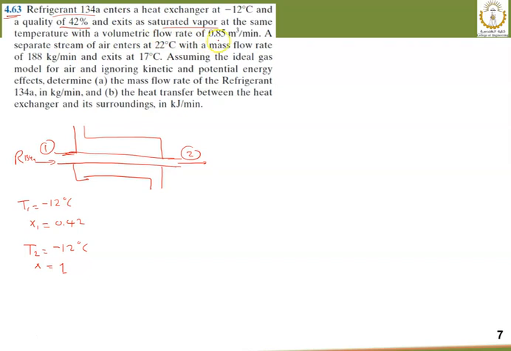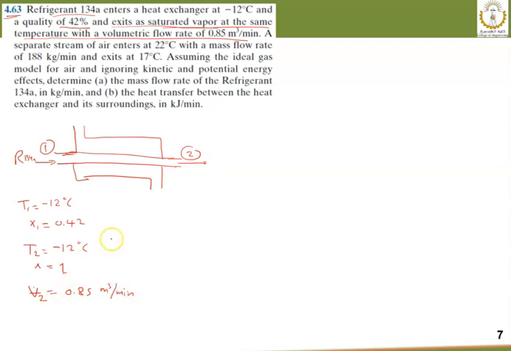with the volumetric flow rate of 0.85. So this is V dot 2 equals 0.85 cubic meter per minute.